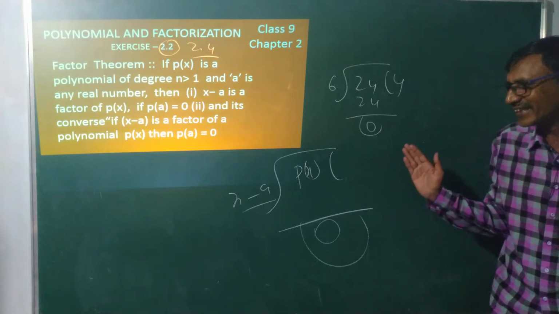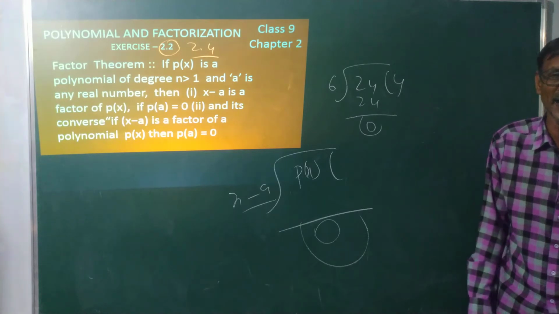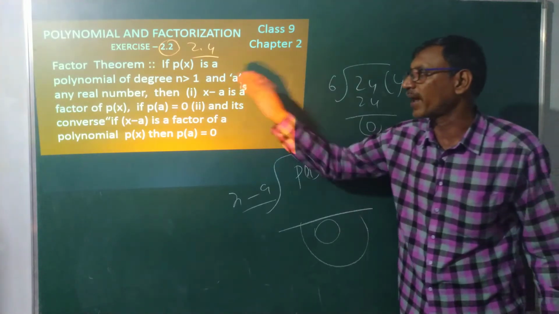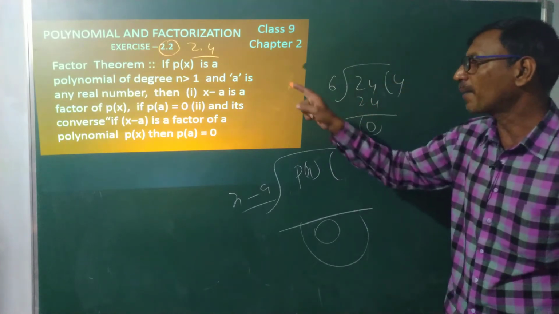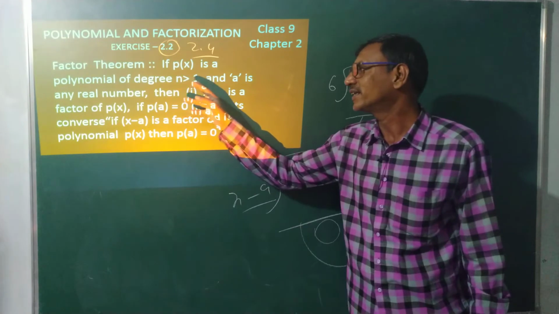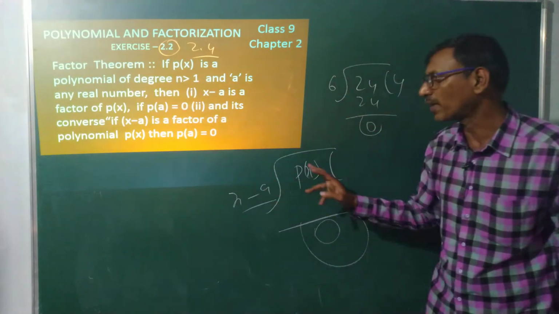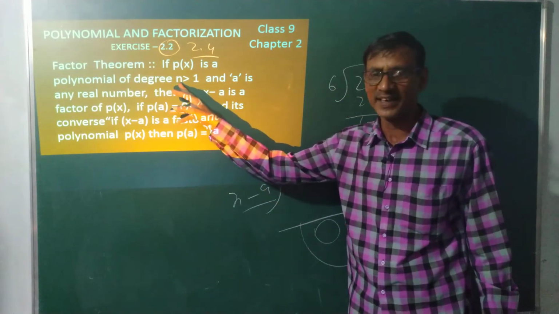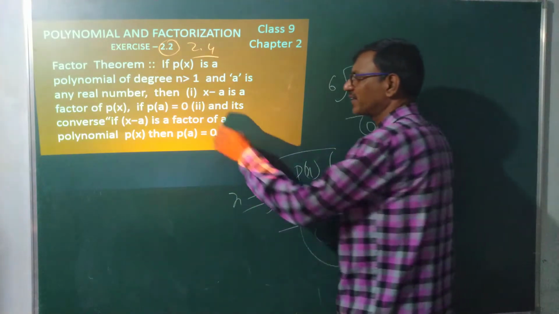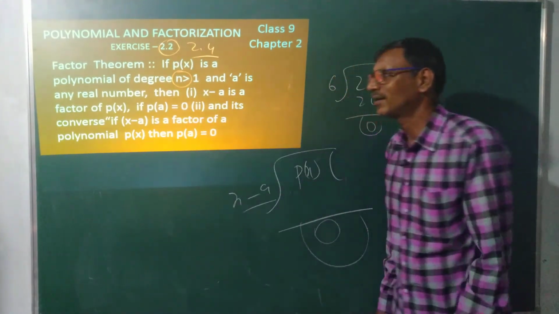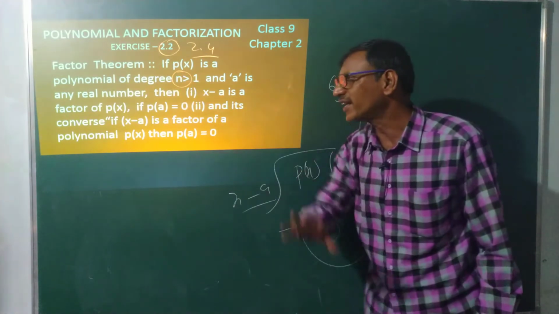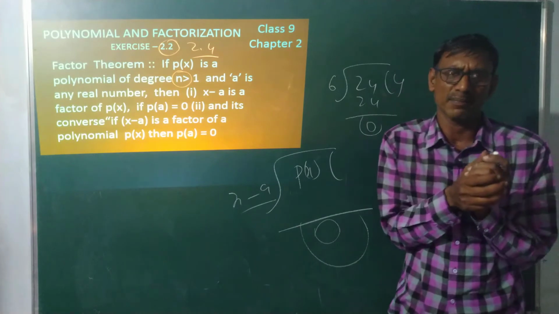So let us see some examples to understand the factor theorem. Here already explained: p of x be any polynomial of degree n greater than or equal to 1. You need not write this one separately. And a be any real number.